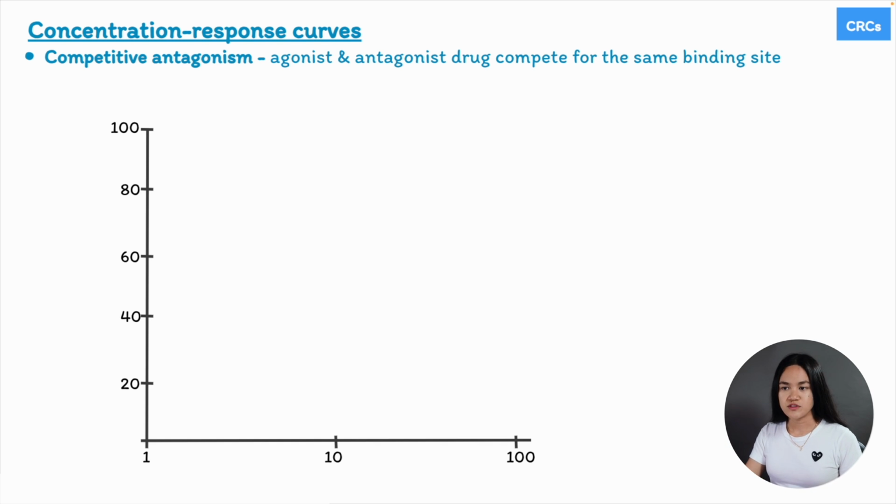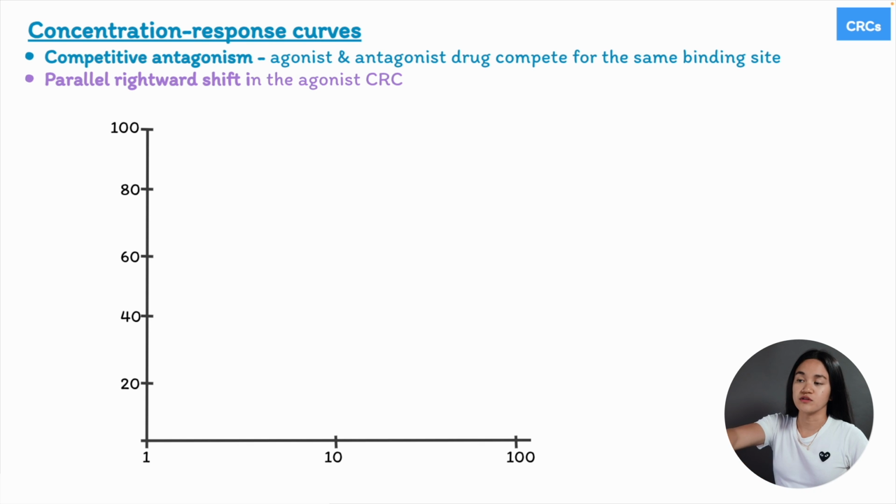This is the characteristic feature of competitive antagonism, and we can observe it by examining the effects of the competitive antagonists on the agonist concentration response curve. Competitive antagonism causes a parallel rightward shift in the agonist concentration response curve. This means that higher concentrations of the agonist are needed to produce the same response in the presence of the competitive antagonist compared to when it's absent.